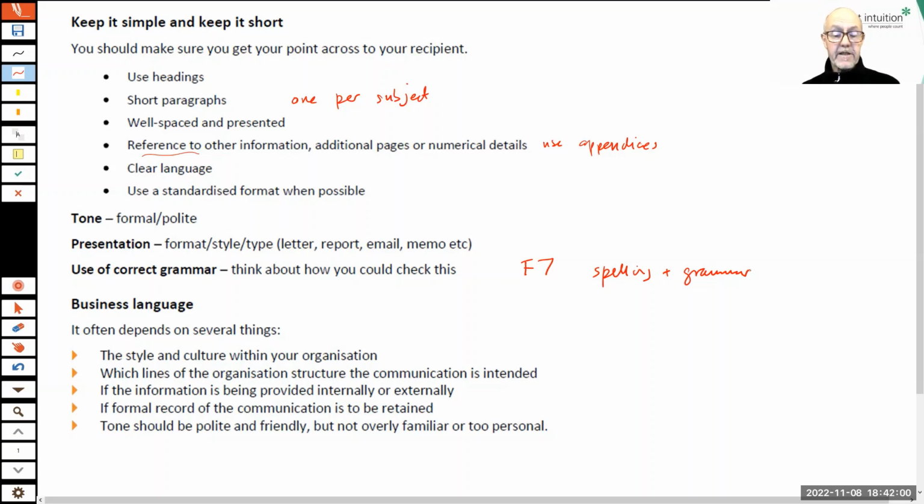Business language depends on several things, style and culture. Every organization is different. And if it's in-house, you get used to what's expected. Which lines of the organization structure the communication is intended for. Again, if you're providing information to the MD, that's going to be different to a little note you're handing over to a colleague.